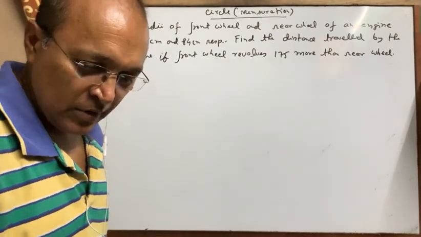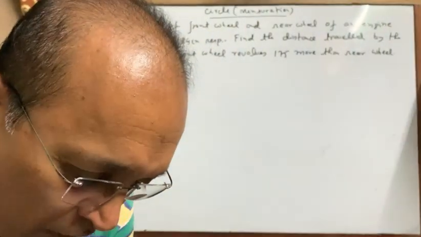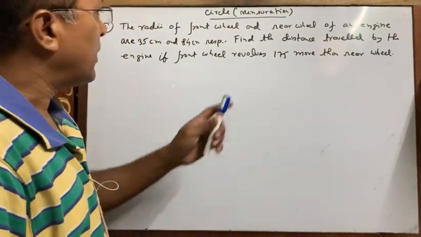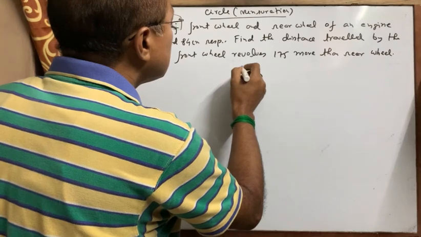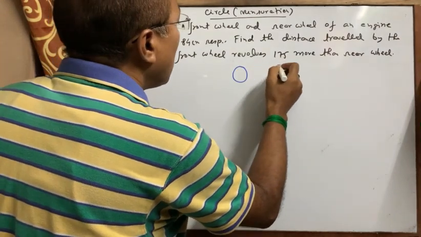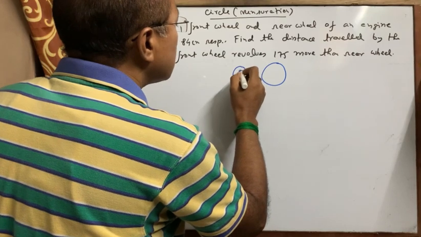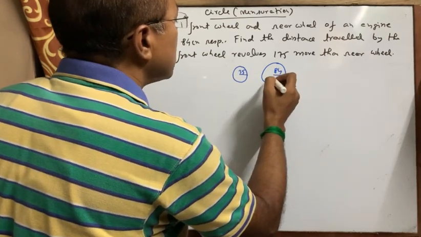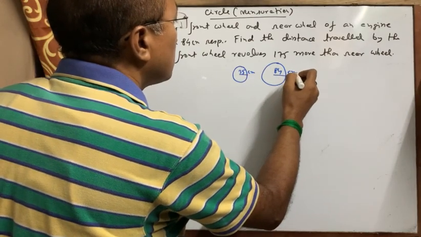Okay. So, the distance we have to find, right? Radius given for the front wheel and this one is the rear wheel. So, this one is 35 centimeter and 84 centimeter. Okay.